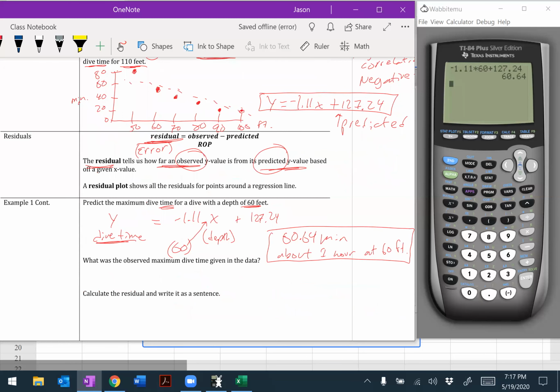Okay, what was the observed maximum dive time given in the data? The maximum dive time was 80. Okay, that was 80 feet. Okay, calculate the residual.